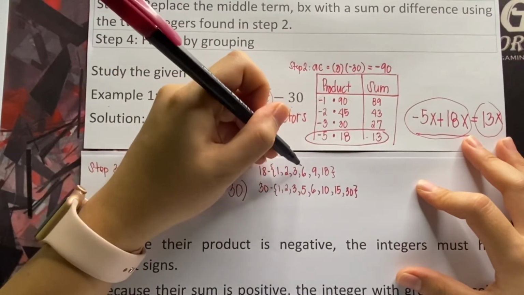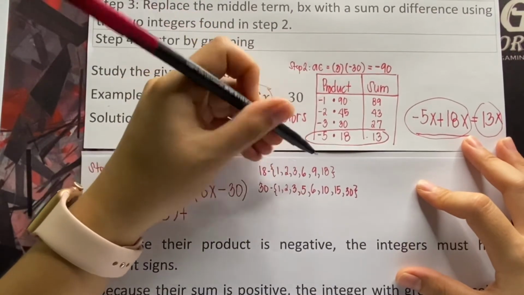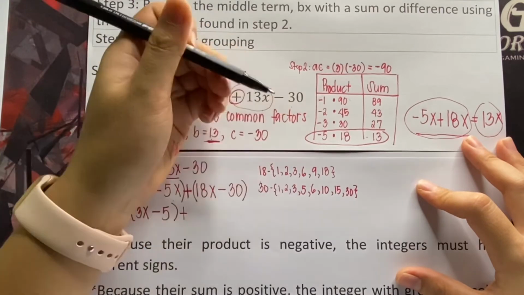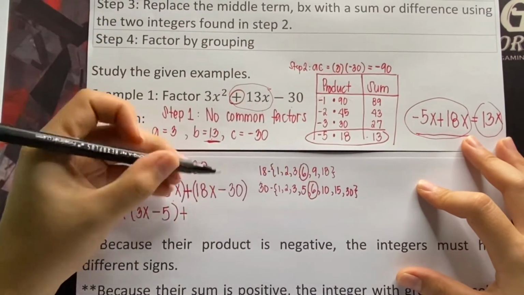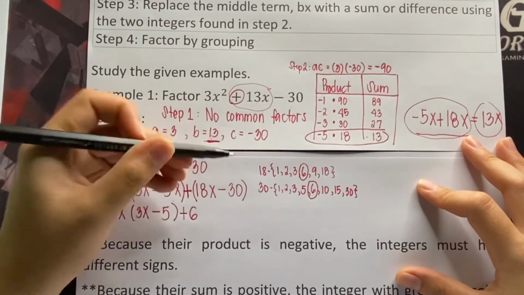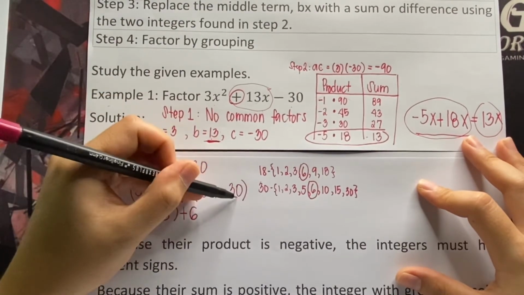Alamin mo na yung greatest common factor. Ano yung dalawa na pareha sa kanila? Na pinakamalaki. That is 6. Okay? Factor out mo. 6. May common factor ba sa variable? Wala. Dahil yung 30, walang variable.